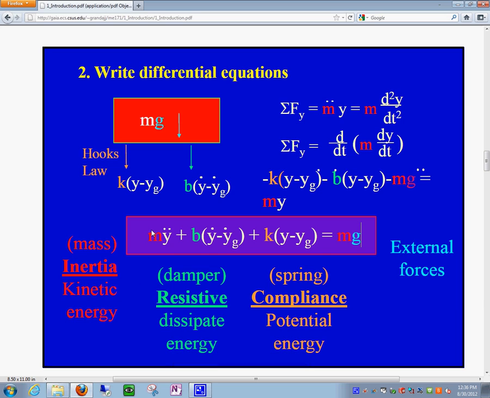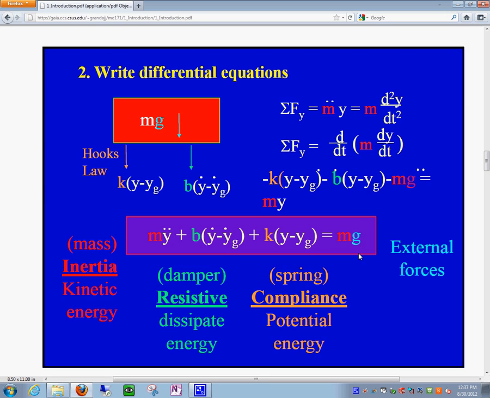Like the inertia is associated with this y double dot, the resistive element is associated with y dot, and k is associated with y, and then we have the external force. So summation of the external forces equals the rate of change of momentum. That is the basics for this whole thing.